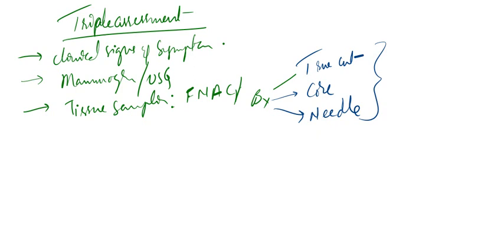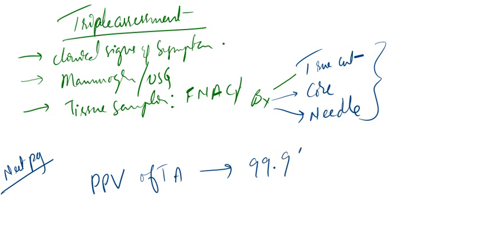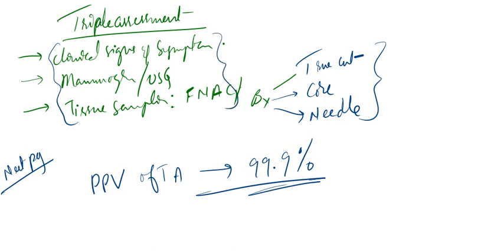Now the main important MCQ for NEET PG, I am telling you: the positive predictive value of triple assessment is 99.9%. These three conditions should be read very perfectly. It should be known.